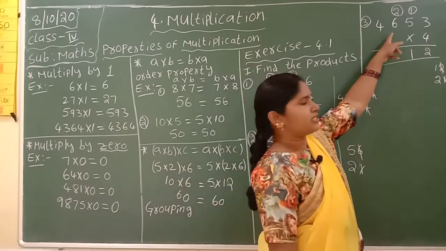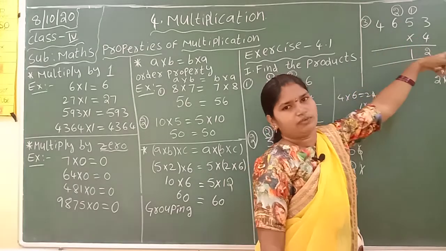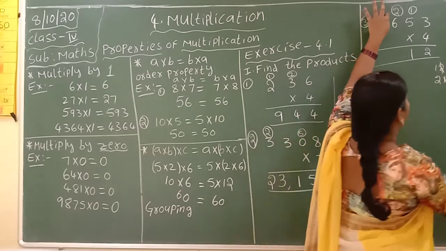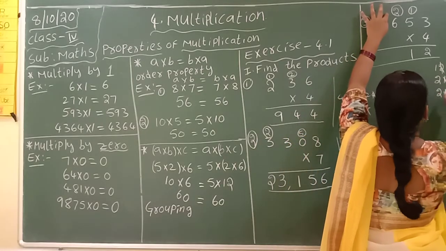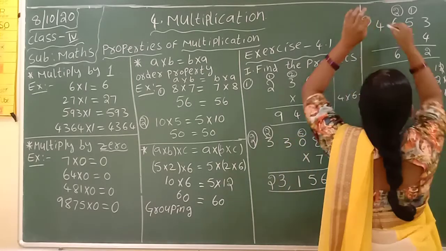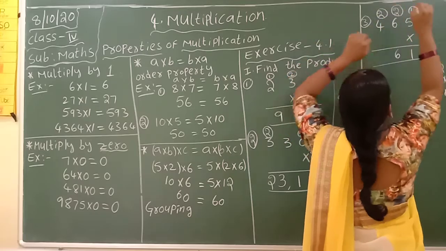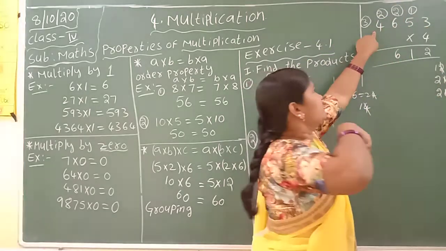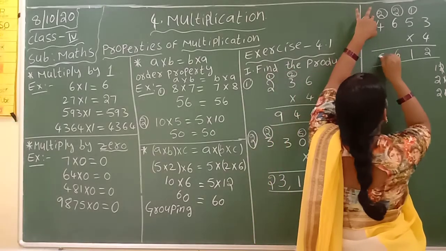And 4 sixes, 6 fours are 24. 24 plus 2, 26. 6, cut and write here, 2, write down here. Next 4 fours 16. 16 plus 2, 18.